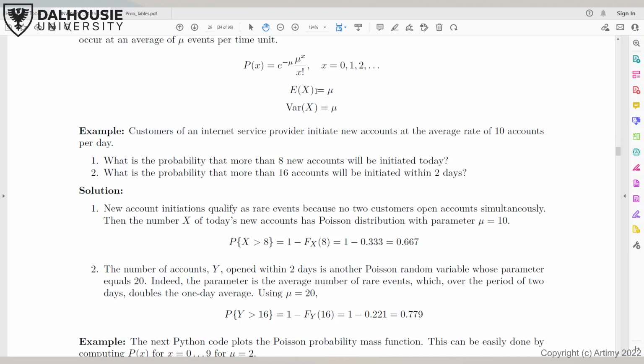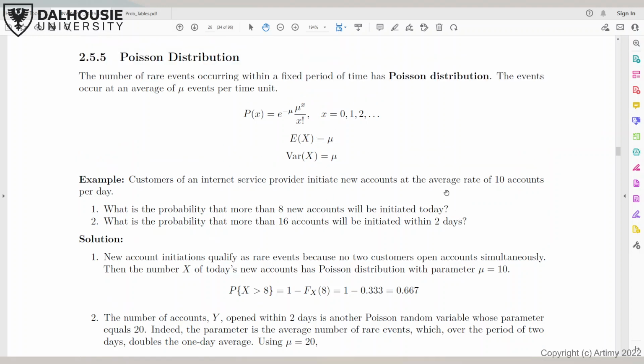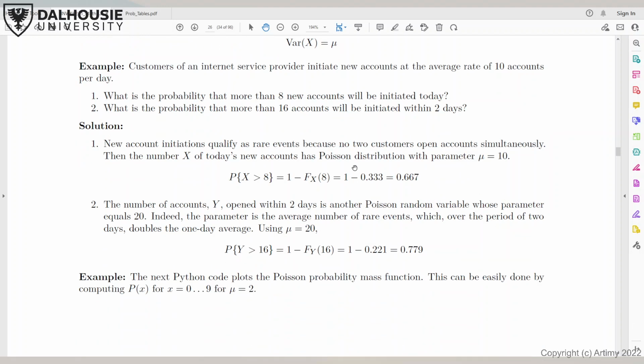So you use intuition to verify your answers, rather than just putting in numbers and pushing the calculator button to get the answer. Okay, and that comes with practice as well.